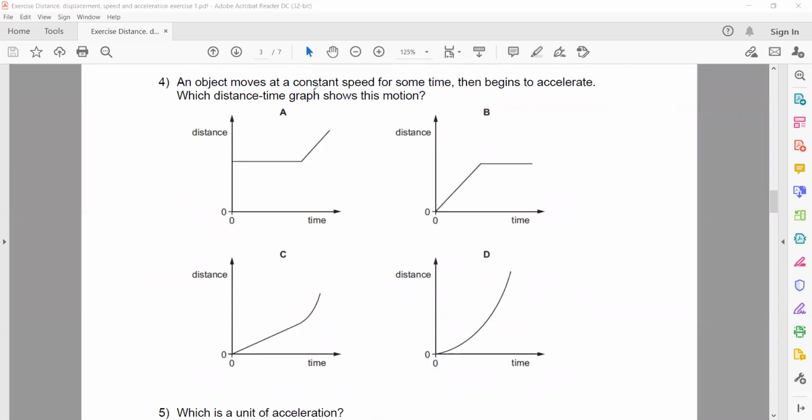An object moves at a constant speed, then begins to accelerate. Which graph for a distance time graph shows the motion? So first it is moving at a constant speed, and constant speed should be a straight line. When we check option A, the object is first at rest and then this part it is constant speed.